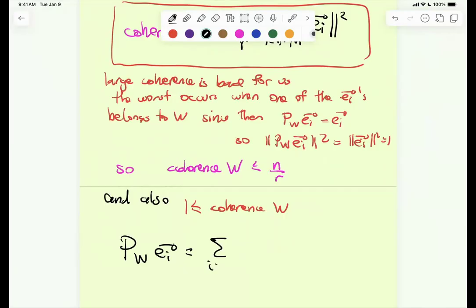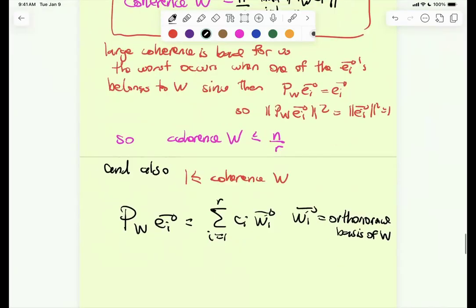So it would be a sum from i to r of a linear combination of an orthonormal basis of W. And then the length squared is Pythagoras' theorem as before, right? If the basis is orthonormal, you know.